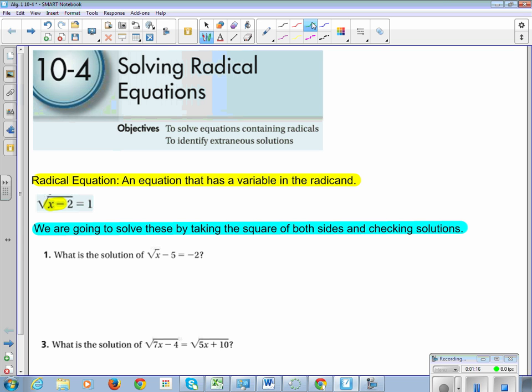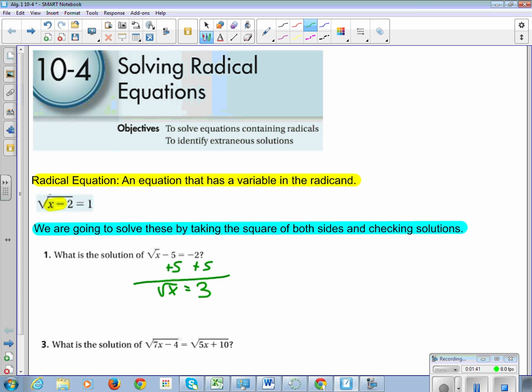So we're going to get everything not the radical and move it to the other side. We're going to add 5 to both sides so that I have square root of x is equal to negative 2 plus 5, which is 3.